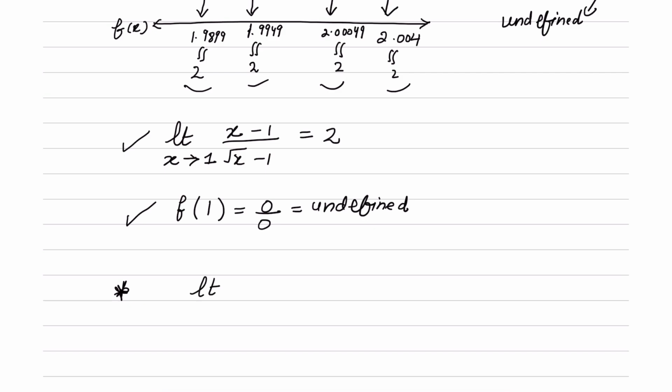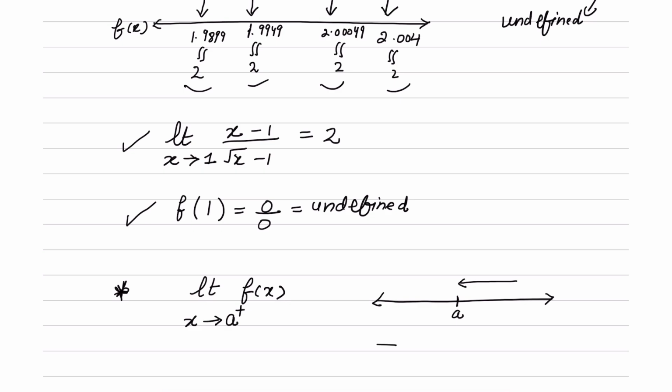When we say find the limit of a function f of x when x is approaching a from the right-hand side of a, this is denoted as a plus. So what is the meaning of a plus? That x is approaching a from the right-hand side of a.